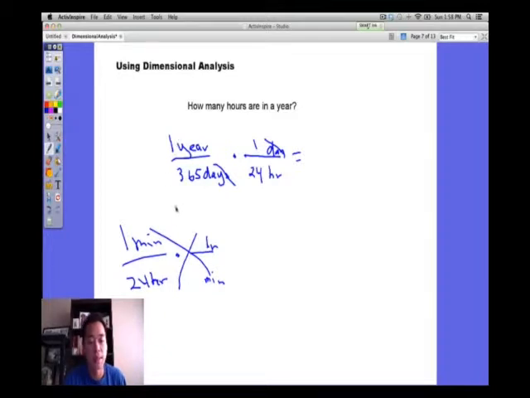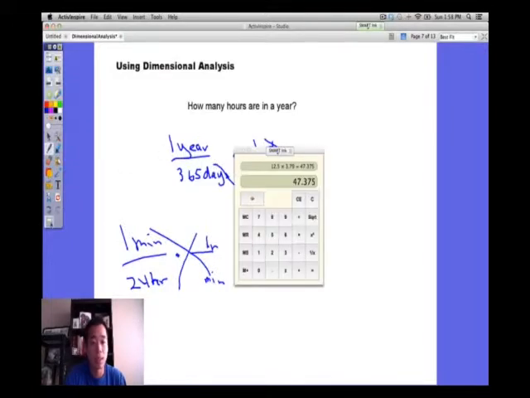So look at my setup. I have 1 year, that's my goal, over 365 days. Why? Because we measure year by days. So 1 year over 365 multiplied by 1 day over 24 hours. Quickly look, days cancel out with days, year over hours, and that's exactly what I need.